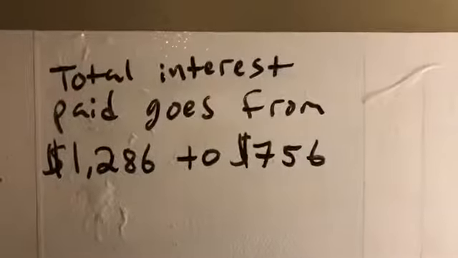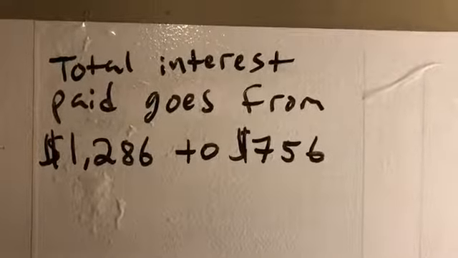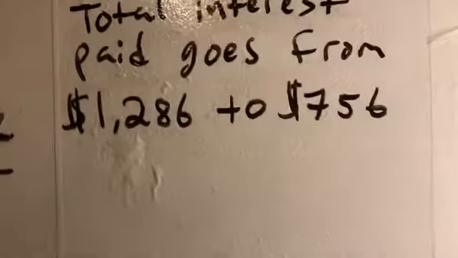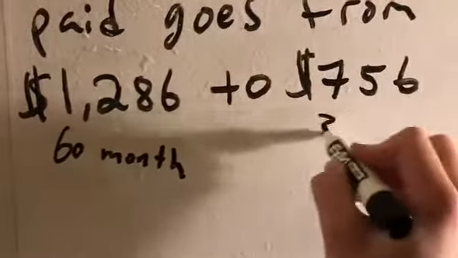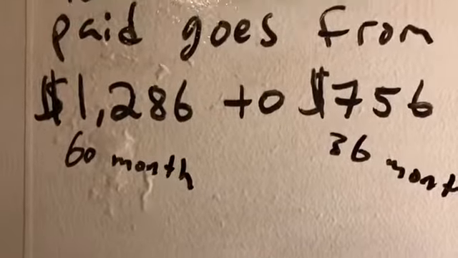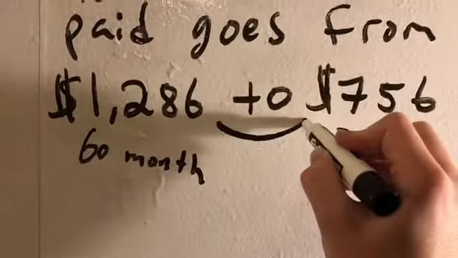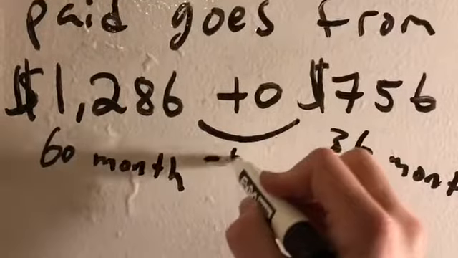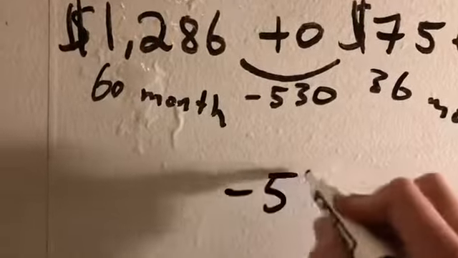All right, what about this? What if your total interest paid goes from $1,286 to $756? And maybe this is when we go from a 60-month loan to a 36-month loan, okay? So if we want to know the percent change in your total interest, how much did we go down here? Well, if you subtract these two numbers, we see that we went down by 530, and that is the change.